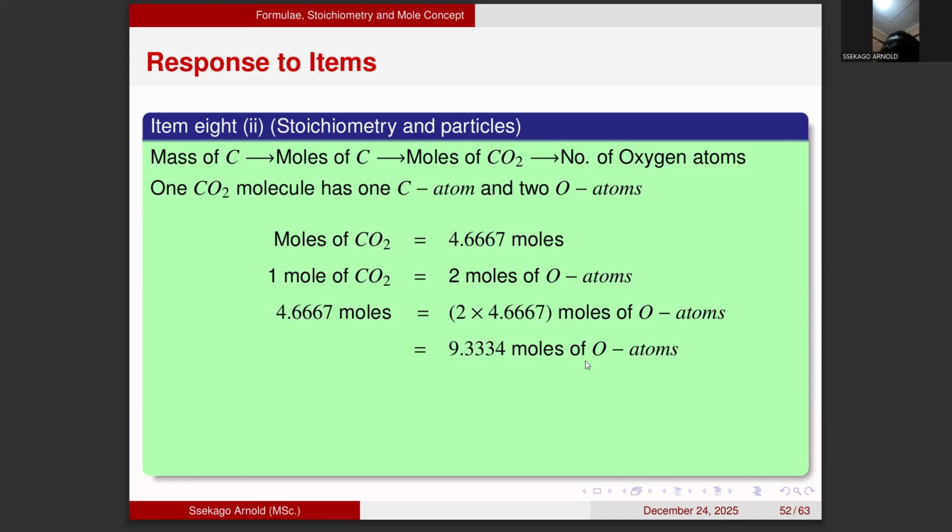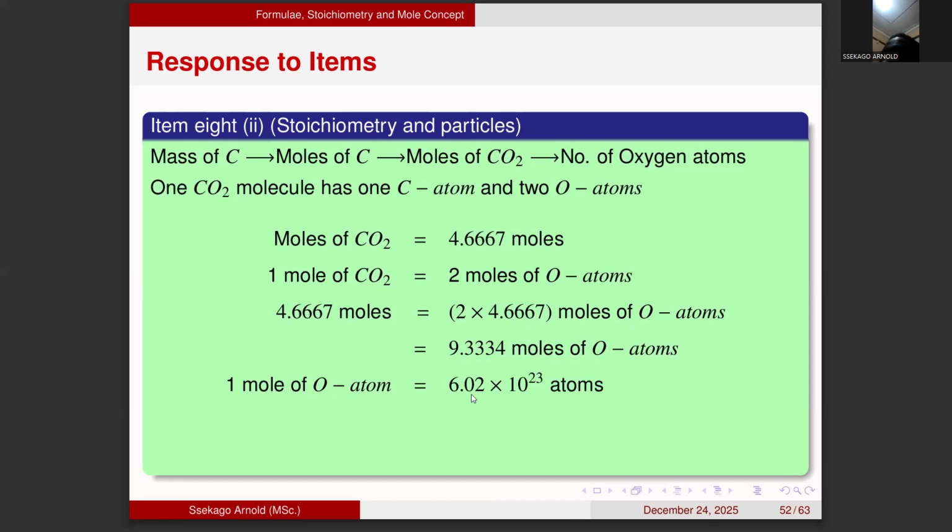These are moles of oxygen atoms. They are not the number of oxygen atoms. To find the number of oxygen atoms, we apply this relation: 1 mole of oxygen atoms is equal to 6.02 times 10 power 23 atoms.